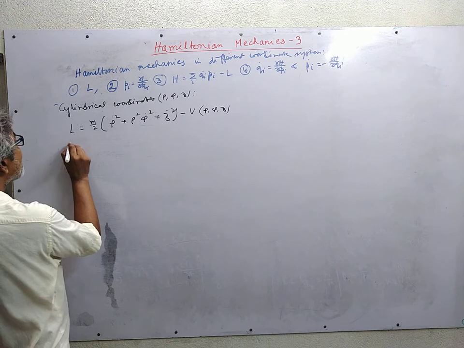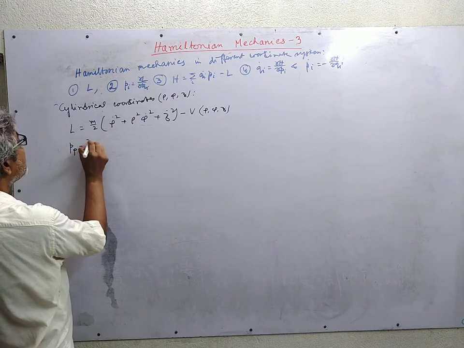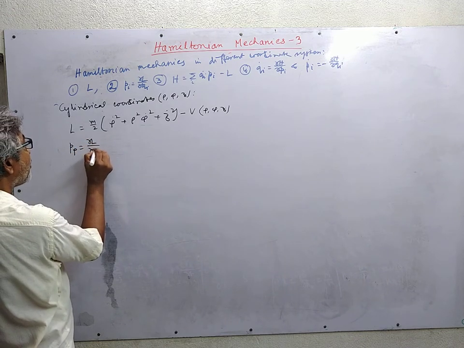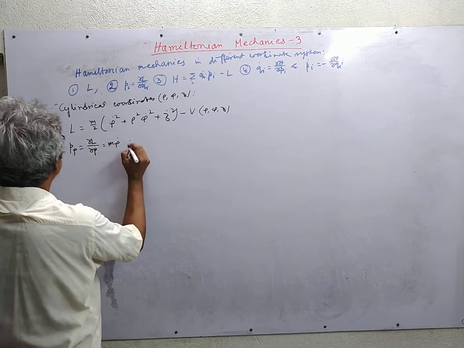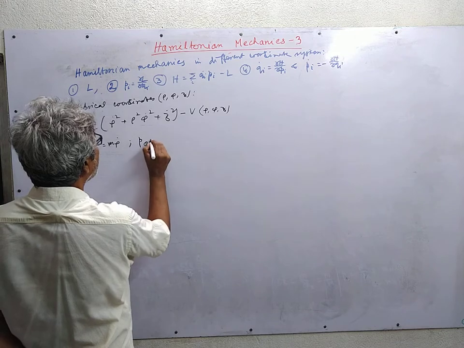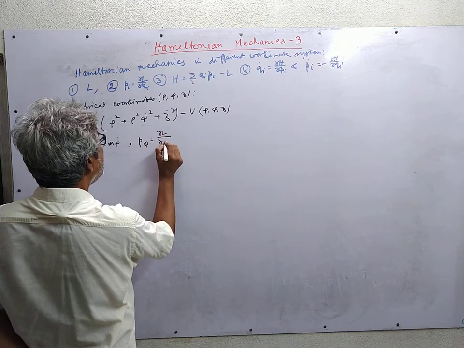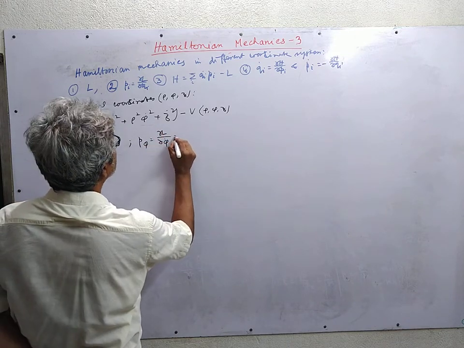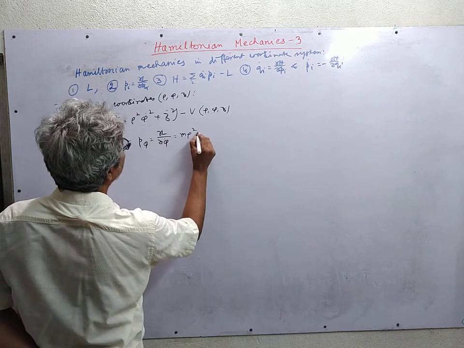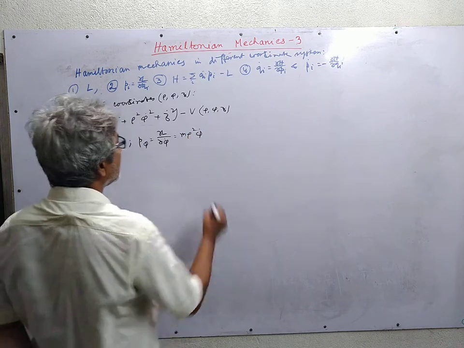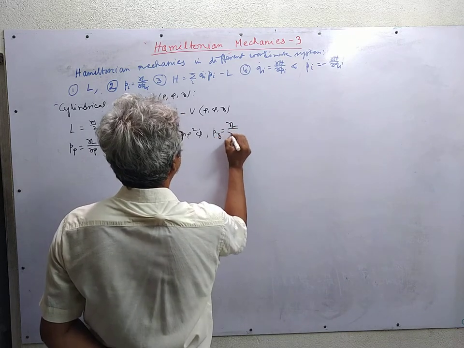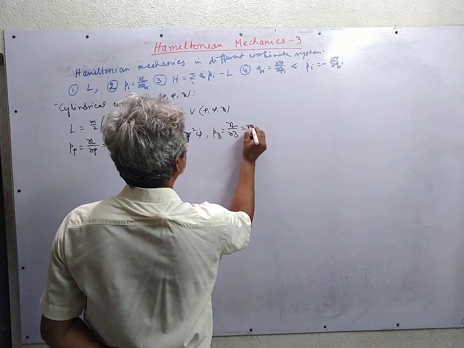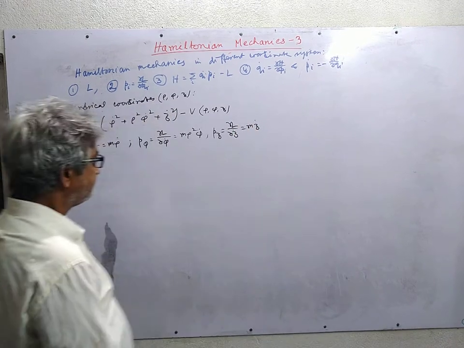So p rho is equal to del L del rho dot, which is m rho dot. P phi is equal to del L del phi dot, which is m rho square phi dot, and pz is equal to del L del z dot, which is m z dot.